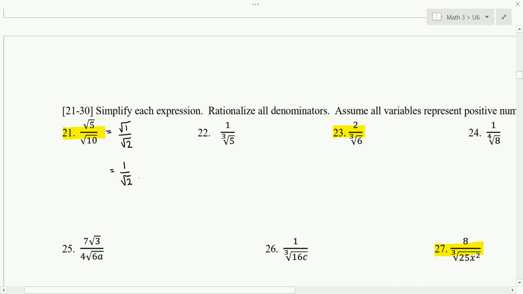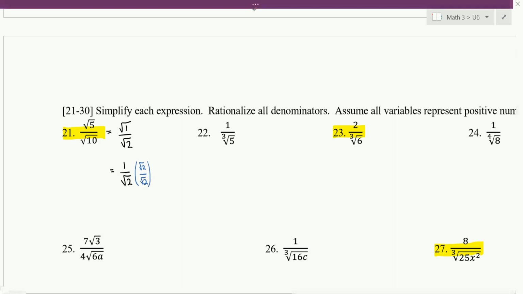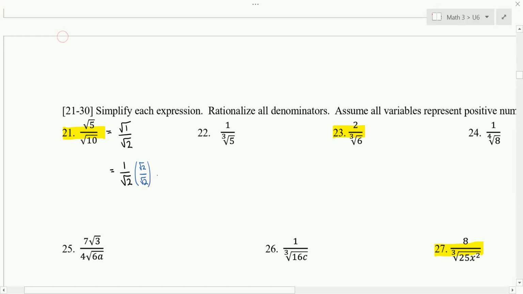The denominator is not rational, it's irrational right now, and so we need to rationalize it by multiplying by square root of 2 over square root of 2. So when we do that, we end up with the square root of 2 times 1 over the square root of 2 times the square root of 2, which we got a pair of 2's, and so that's going to be the square root of 2 over 2.